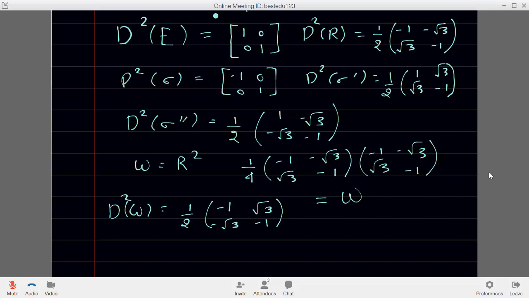And these matrices should satisfy the same relations that the group elements satisfy. That means when I wrote that R sigma equals sigma double prime, then in the representation, when I multiply the representation of R and the representation of sigma, I should get the representation of sigma double prime. That's the main idea.